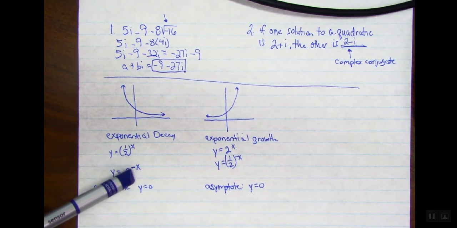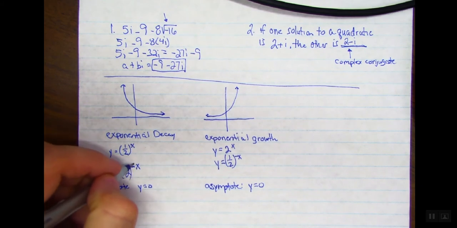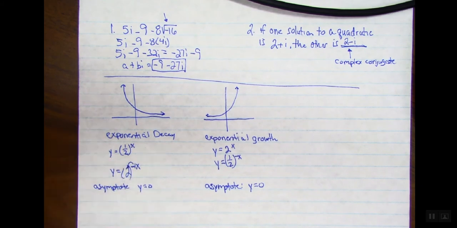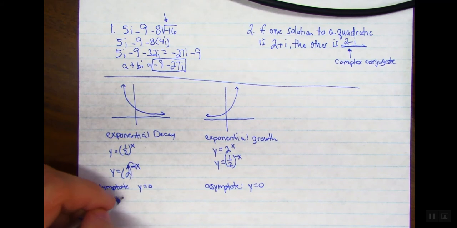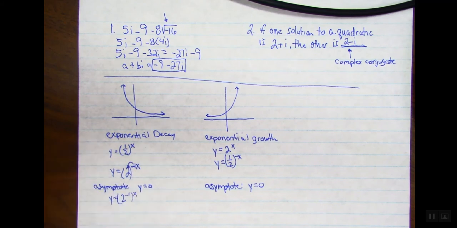But this exponent is negative, so how can I get rid of this negative sign? Well, I can bring the negative sign inside my parentheses. So really what this becomes is y equals 2 to the negative 1 to the x.